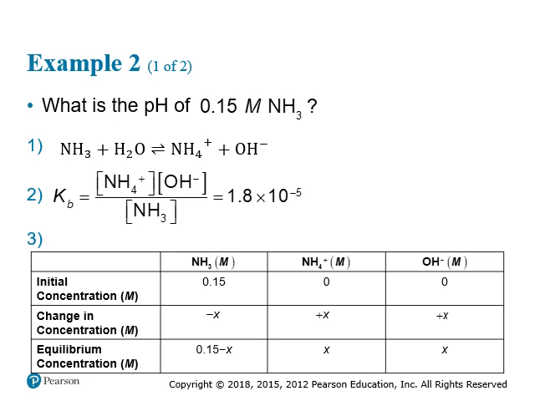Now, in order to determine the pH, we're going to need to know the concentration of the hydronium cation, and that does not appear to be anywhere in this expression. Well, don't worry. In just a moment, we're going to be able to use that hydroxide ion concentration in order to determine our hydronium ion concentration.